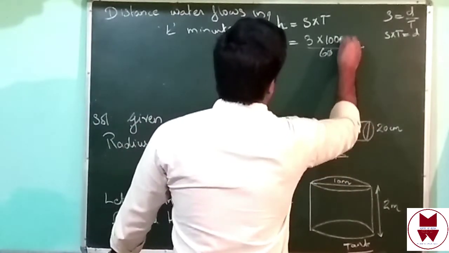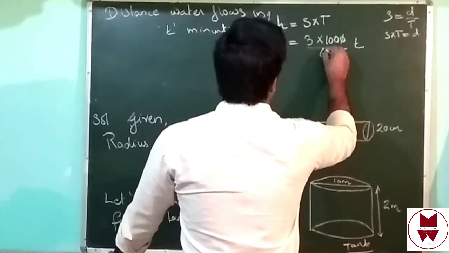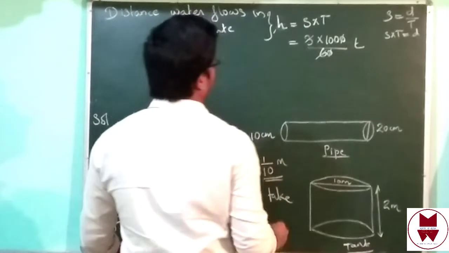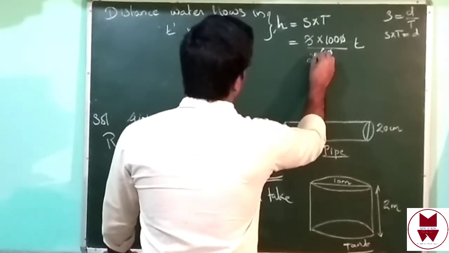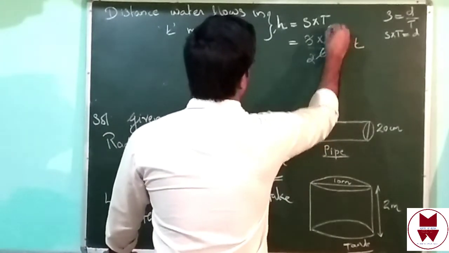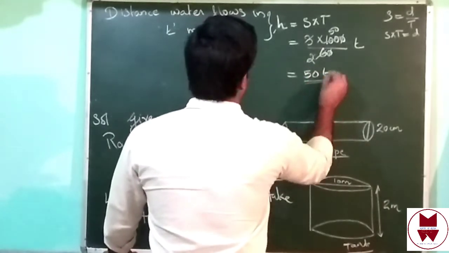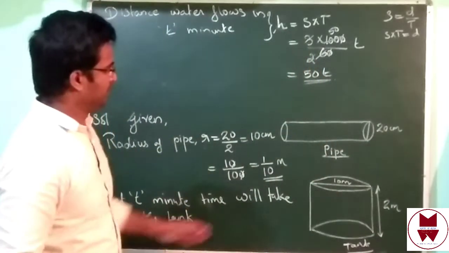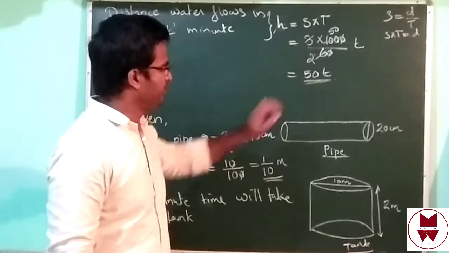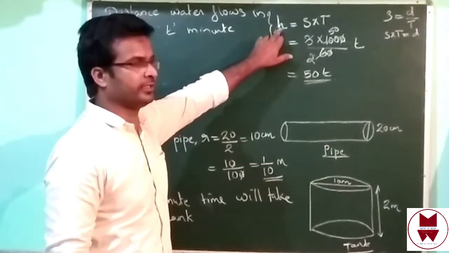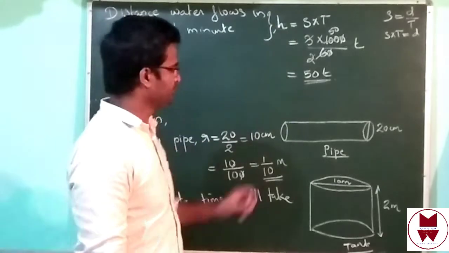Then 0, 0 cancel. This 3 and 6 cancel. 2 times 2 and 100 cancel. 50. You will get 50 t. Then the length of this pipe we got is 50 t. I took h here as length.